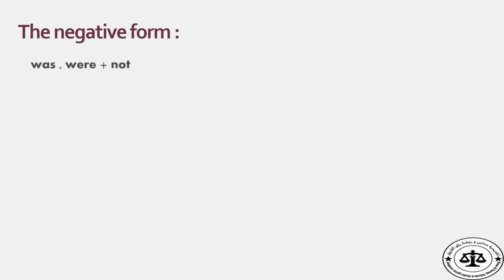We talked about the affirmative form of past continuous. What about the negative form? How can we negate the sentences in past continuous? Let's think. We use not with the helping verbs, was or were, plus not: wasn't or weren't. Look at this example.